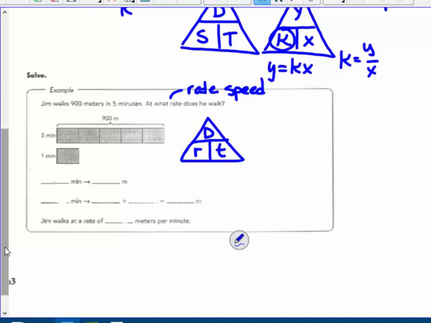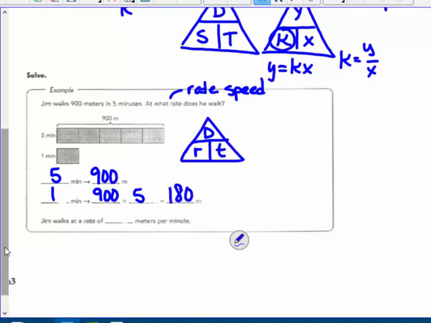So doing it the bar modeling unit way, if in 5 minutes he walks 900 meters, then to get 1 minute, I would divide 900 by 5, and I would get 180 meters.